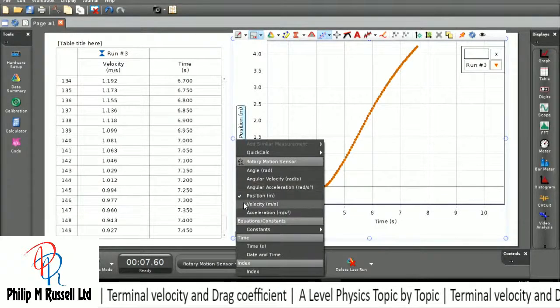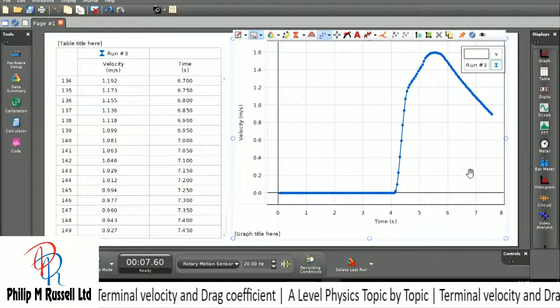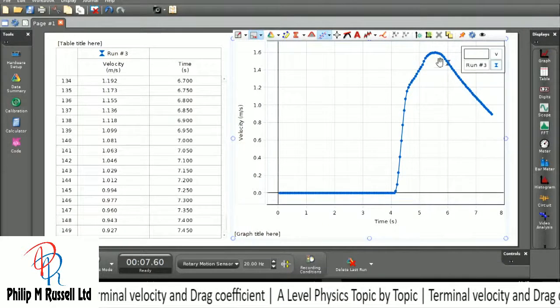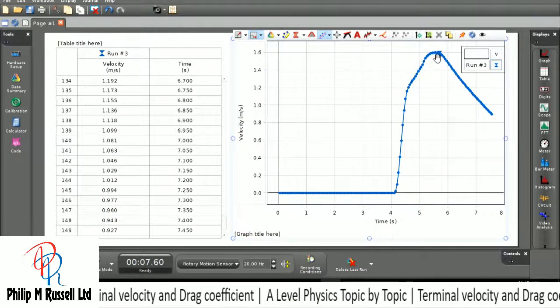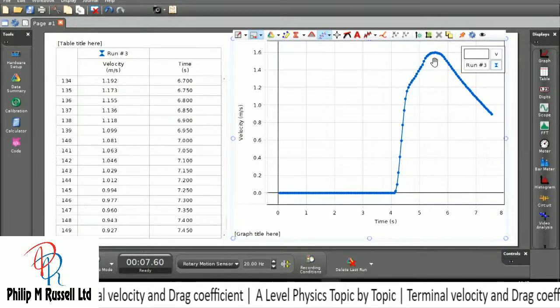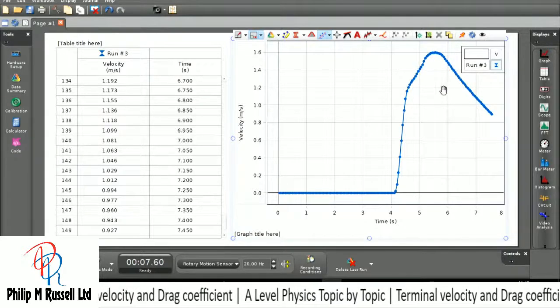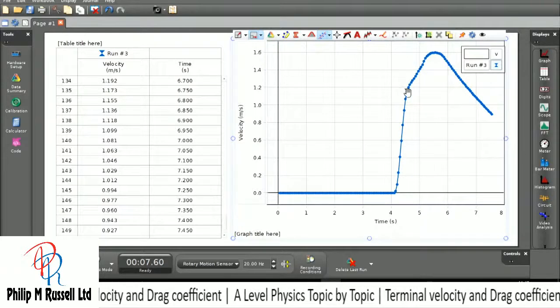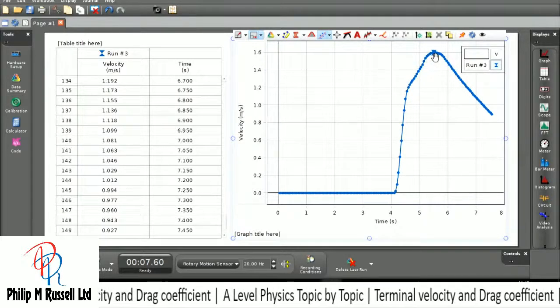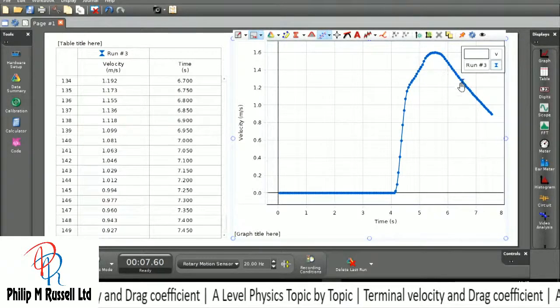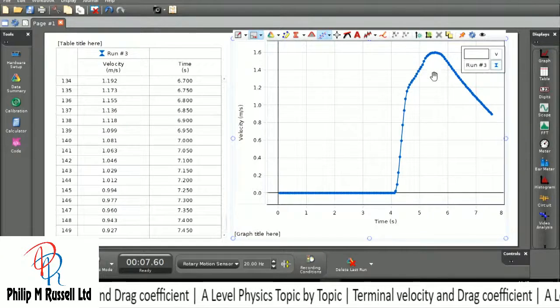Let's look at the velocity. 7.5 seconds, so it was slowing. So we've got our increase in speed, and then it's starting to decrease in speed.